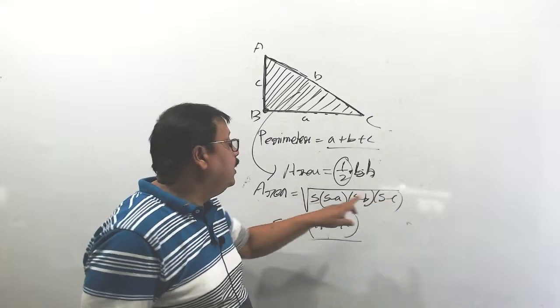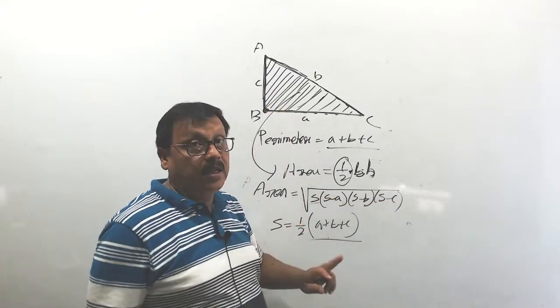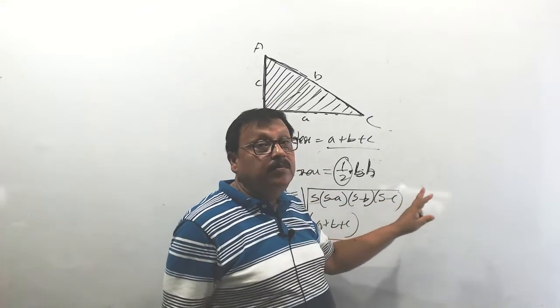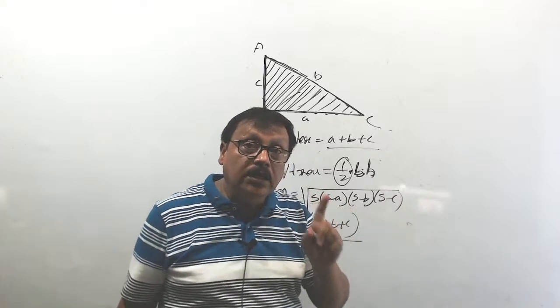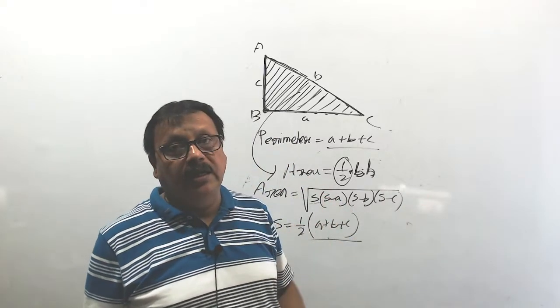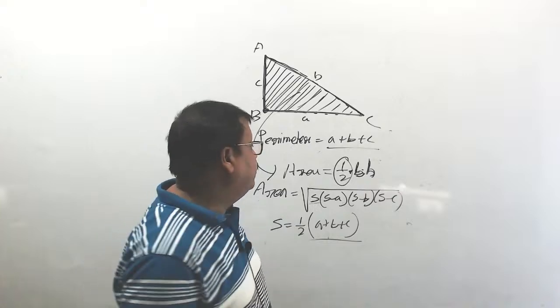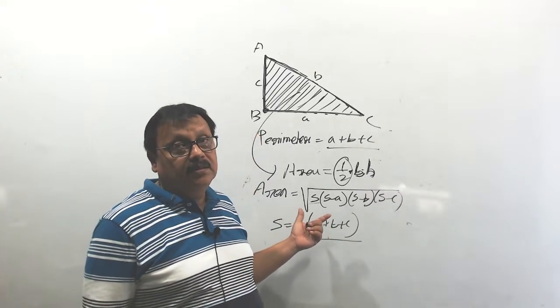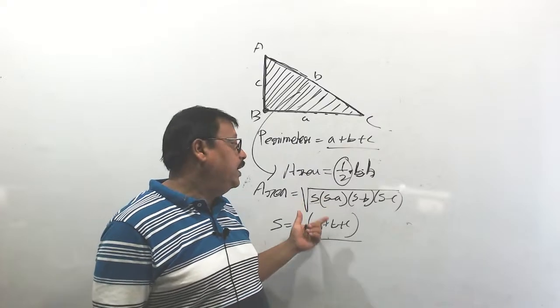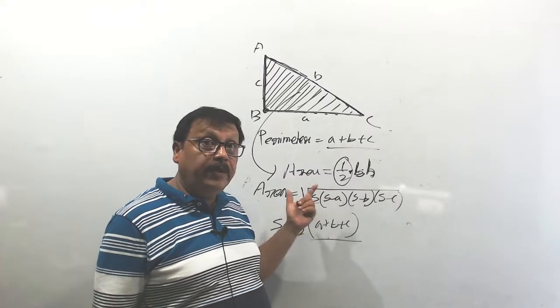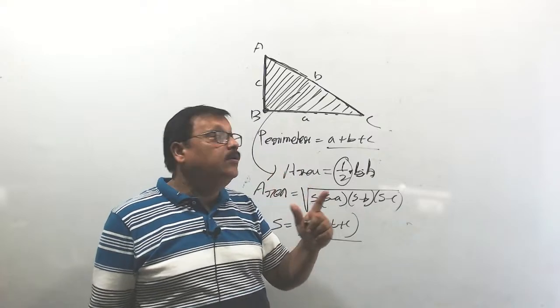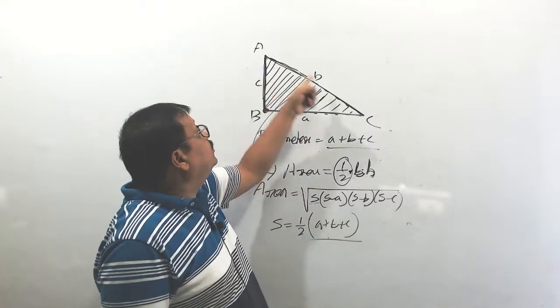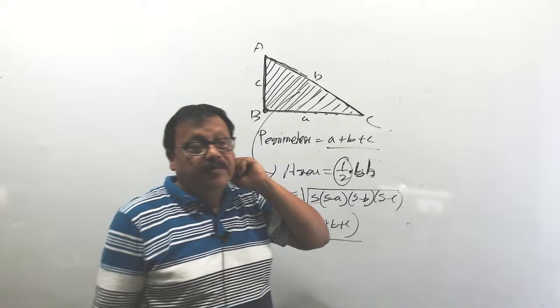By using this formula, you can also find the area of the triangle. The special name of this formula is Heron's formula. If you do not know the height or base of a triangle, then by using Heron's formula, provided you know the length of the three sides.